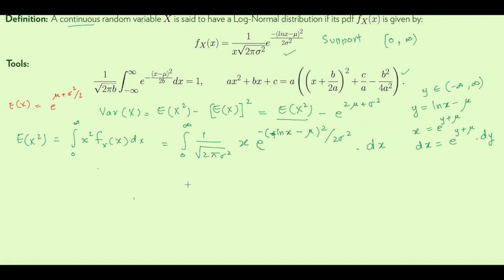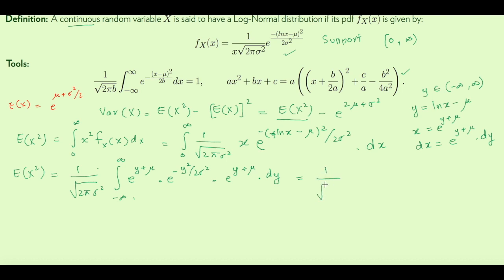So now we just plug these things in. E of x squared is equal to 1 over root 2 pi sigma squared, integral from minus infinity to infinity of e to the y plus mu, e to the minus y squared over 2 sigma squared, e to the y plus mu times dy.